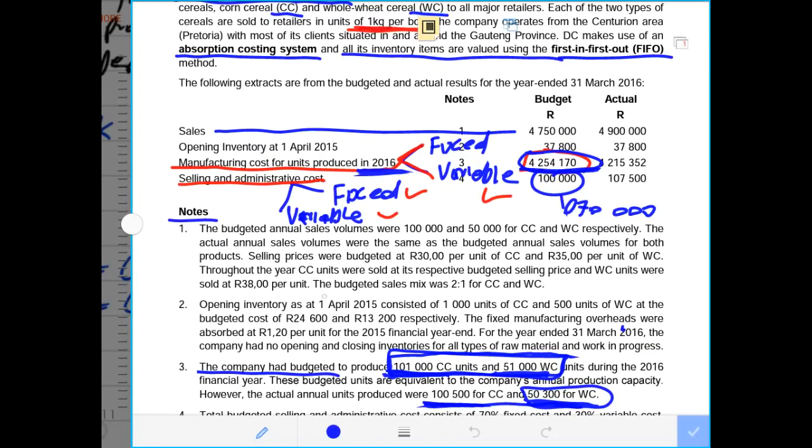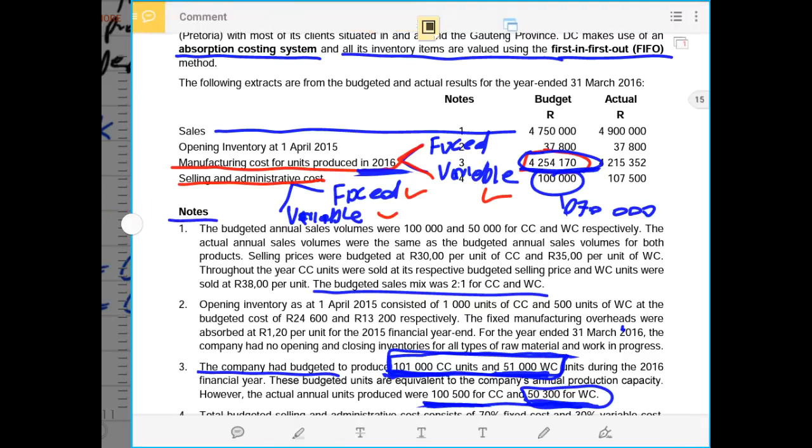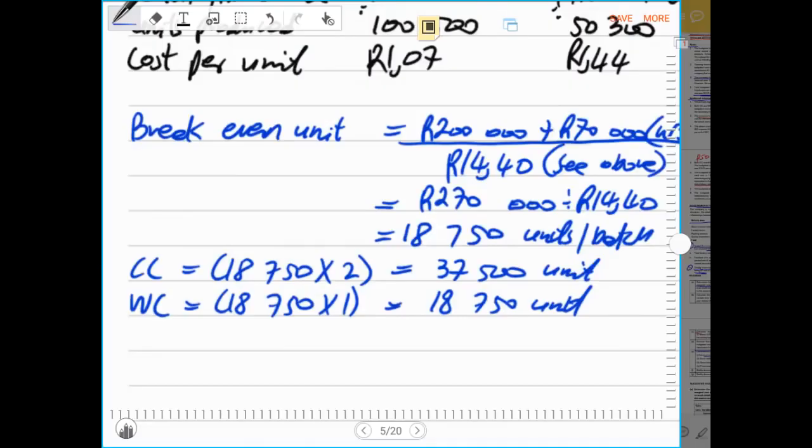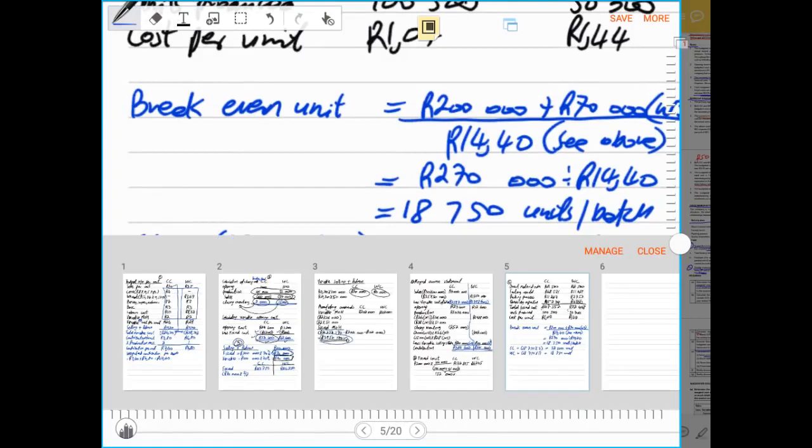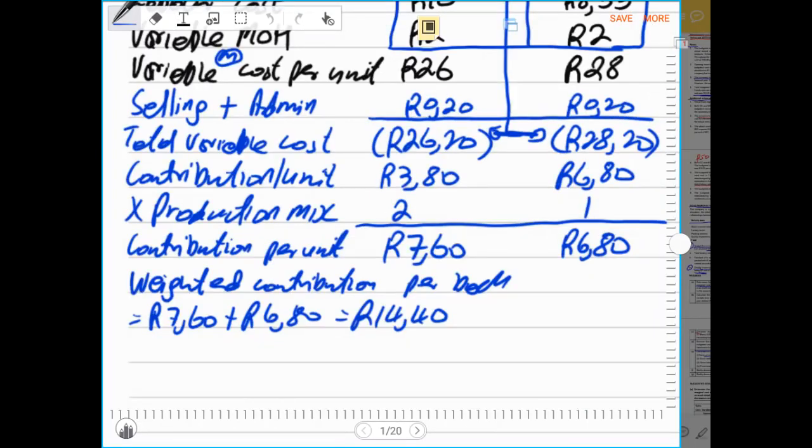That was under note number 1. The budgeted sales mix, that was 2:1, or production mix. That will be that 2:1 that you always multiply with. Remember, that 2:1 is the one that you would have multiplied with also when it comes to this. So that's the same approach that we are using.